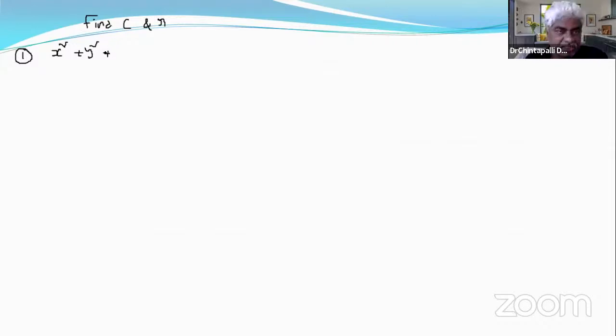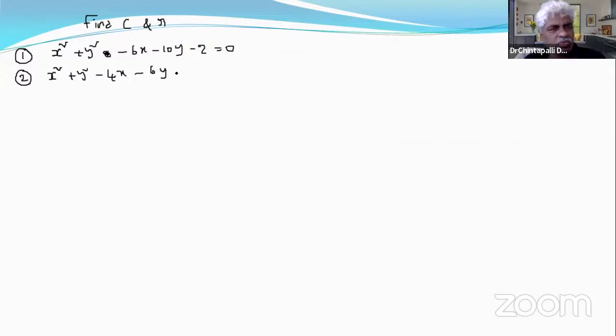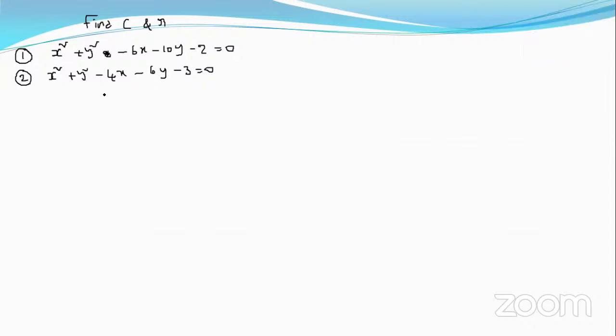X square plus y square minus 6x minus 10y minus 2 is equal to 0. X square plus y square minus 4x minus 6y minus 3 is equal to 0.